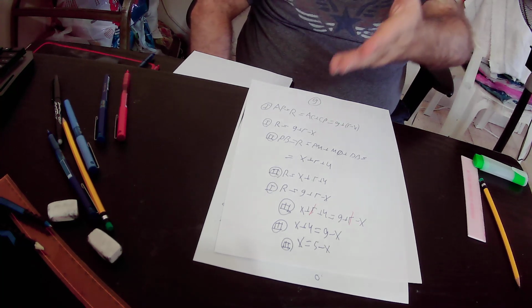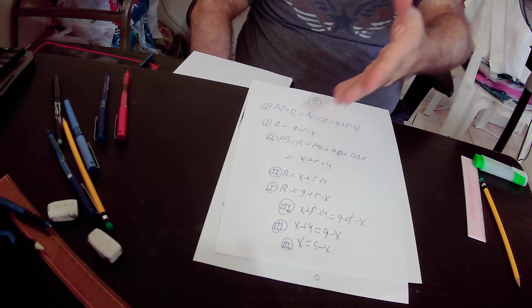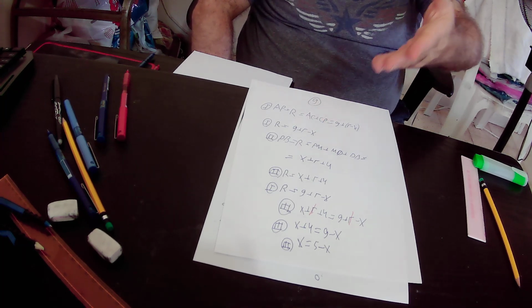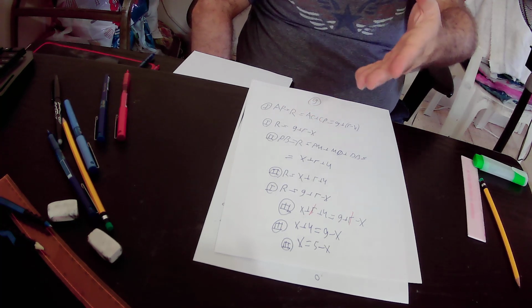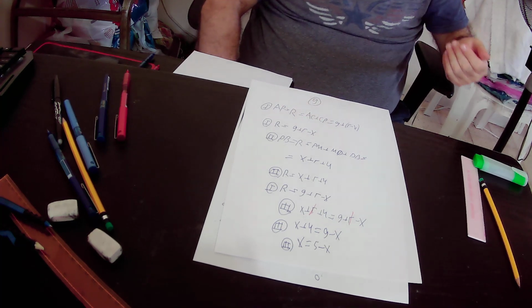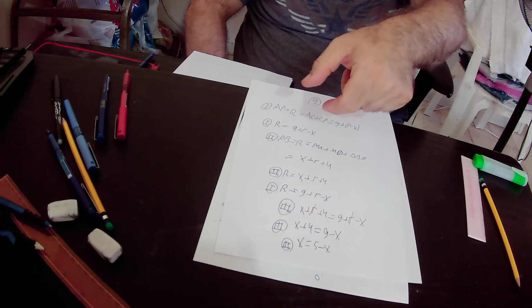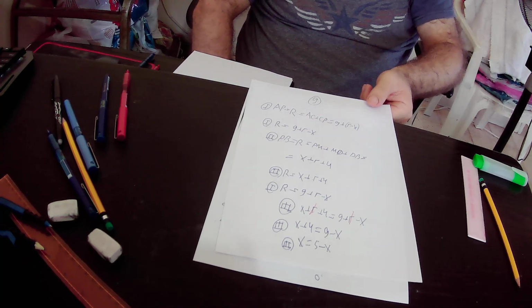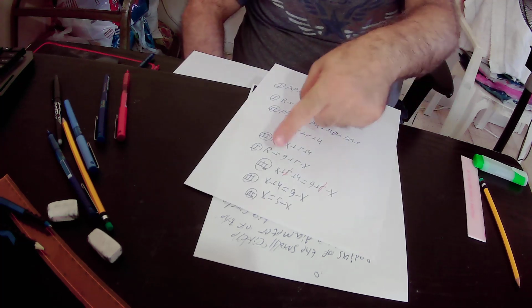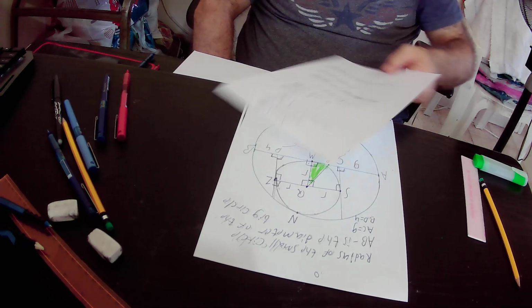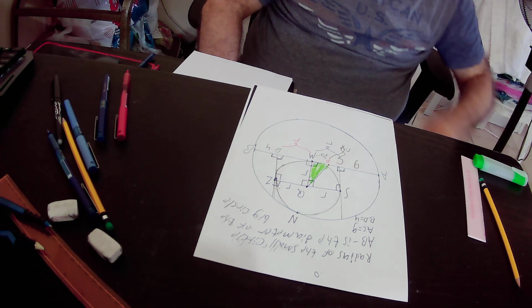So equation number 1 equals equation number 2, because they are two different ways to calculate the same radius, and in this way we created equation number 3, and from equation number 3 we got the value of x.